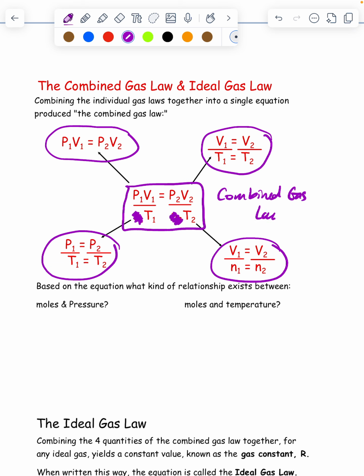And so it allows you to do calculations when you change more than one thing. So if you were to change both temperature and pressure, for example, you could solve for what happens to the volume. So this is called the combined gas law. It's in the data booklet.